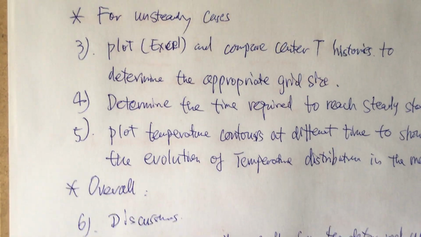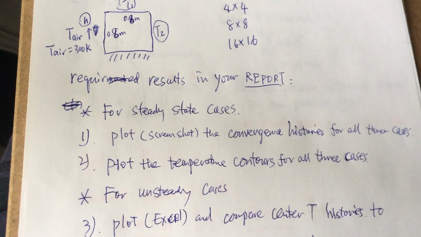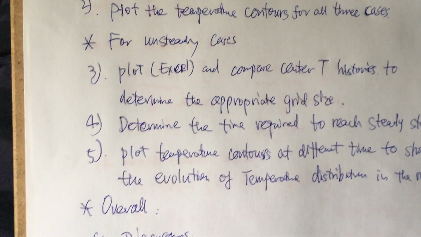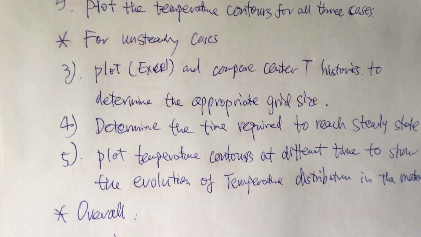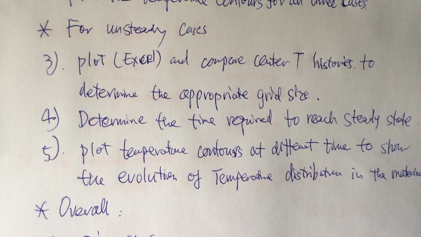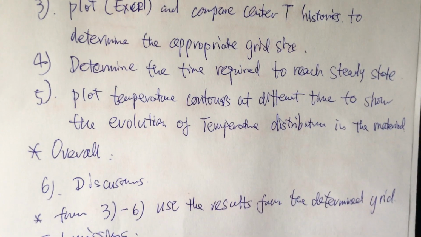Your 3 cases, 4 by 4, 8 by 8, 16 by 16, you use to simulate the same problem. It turned out 8 by 8 may be the best one. So you can just simply use that case to do some discussion on the physics.